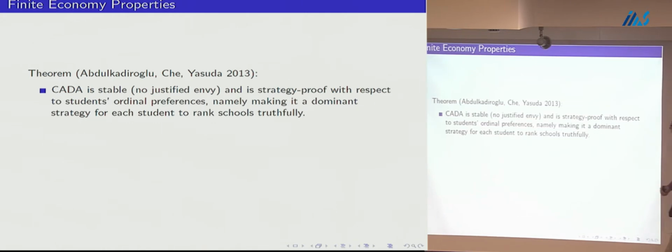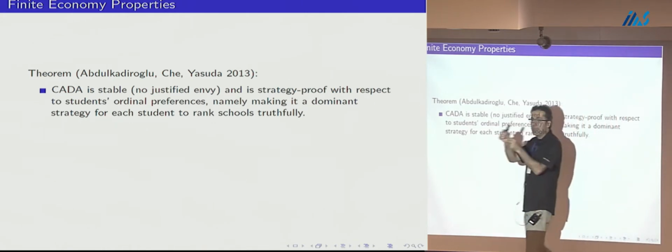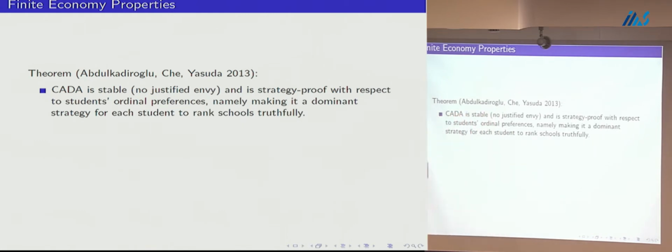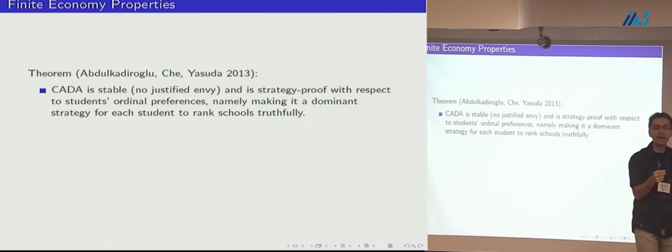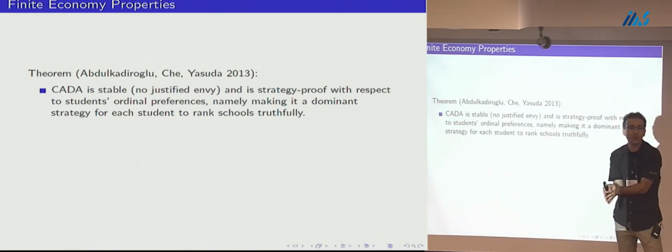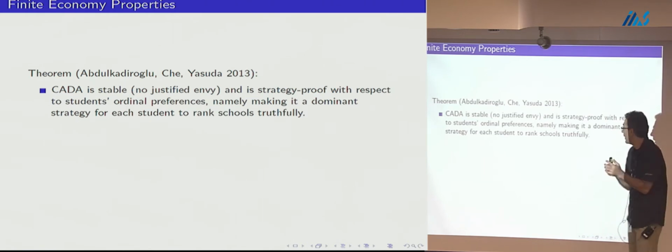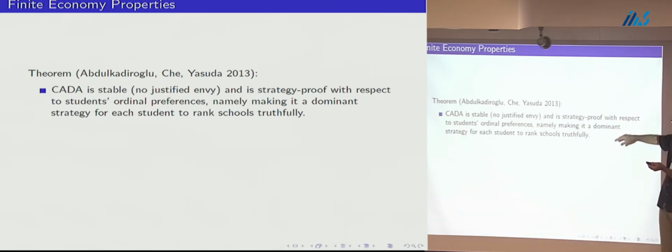I mean, given any strategy for myself, which is an ordinal ranking of schools and a target school, I can always do at least as well by ranking my schools in my true preference order and targeting the same school or some other school. So in that sense, there is no incentive to manipulate the ordinal rankings.